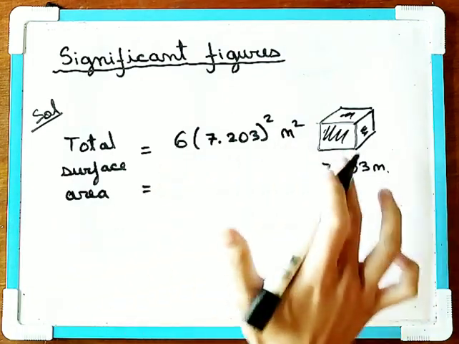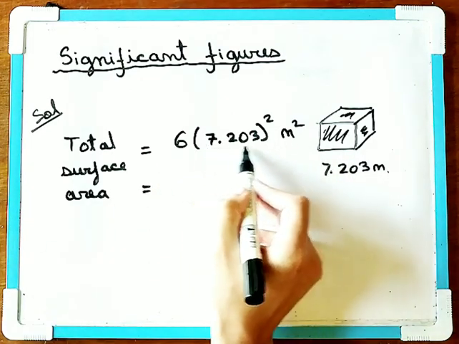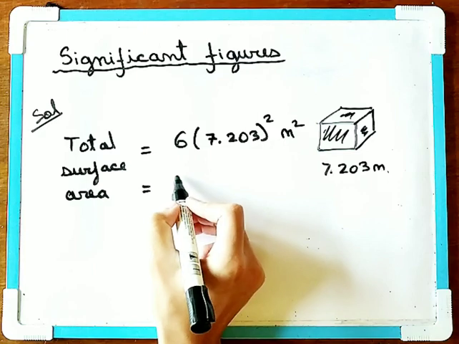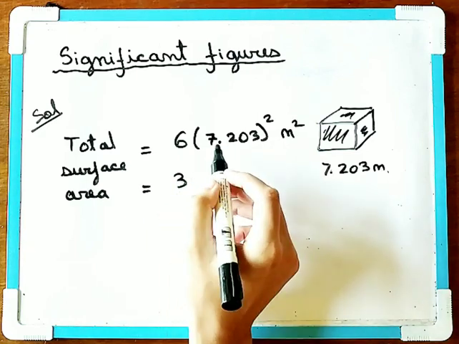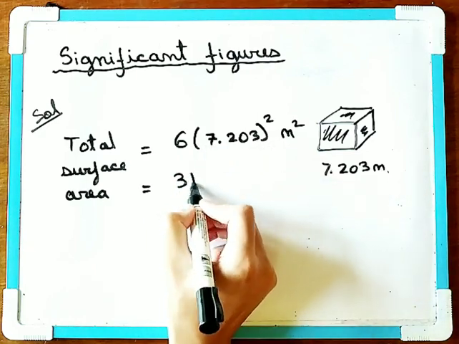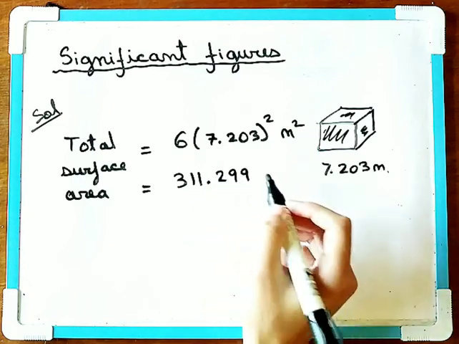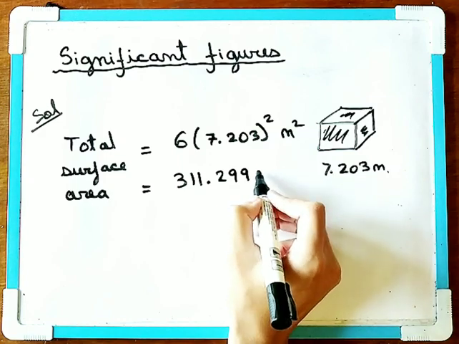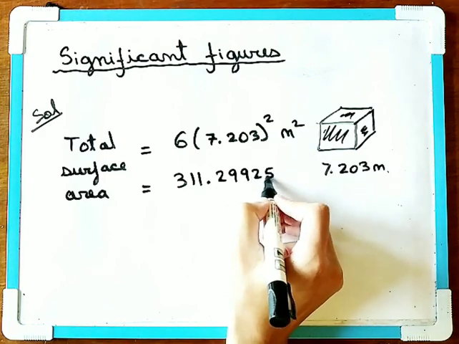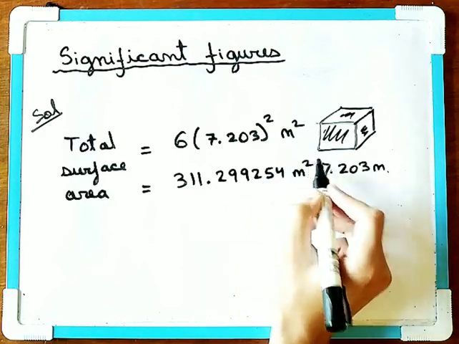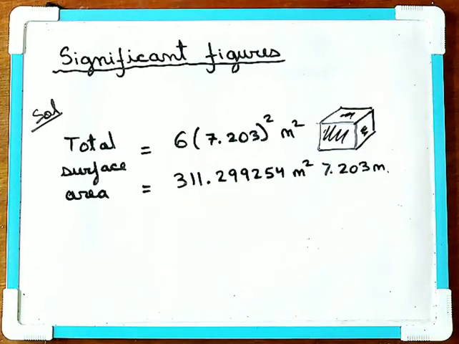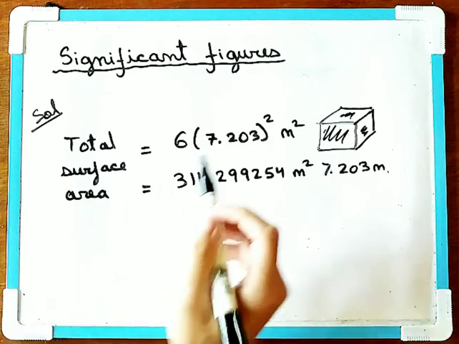Upon multiplication, you can use a calculator, you'll get 311.299254 meters squared. Now here again you'll have to recall the rule for multiplication with regard to significant figures.